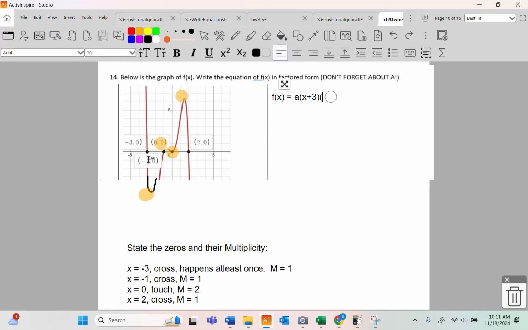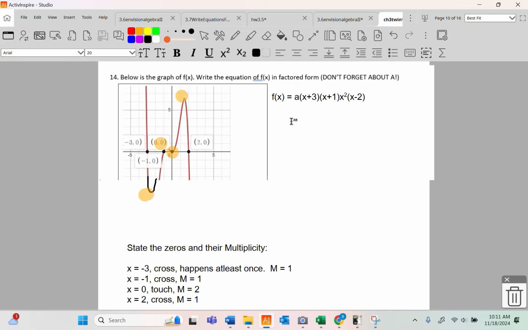X equals -1 is a 0. The factor is x plus 1. X equals 0 is a 0. The factor is x. And then we have x minus 2. Now, I need to talk about multiplicity. This was a cross. X plus 1 is a cross. X equals 0 is a touch. So it needs an exponent of 2. Because 1 plus 1 plus 2 plus 1 was 5, which we came up with earlier.